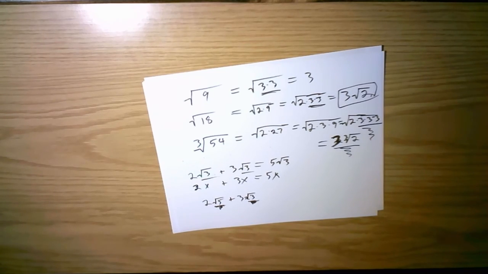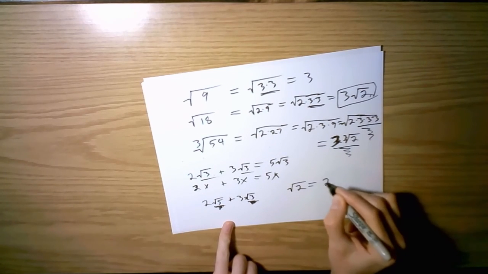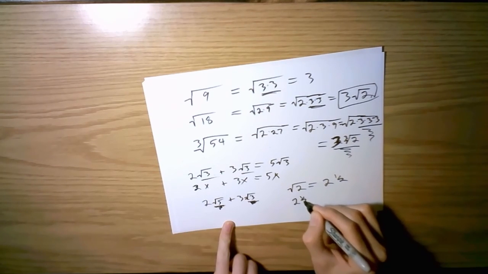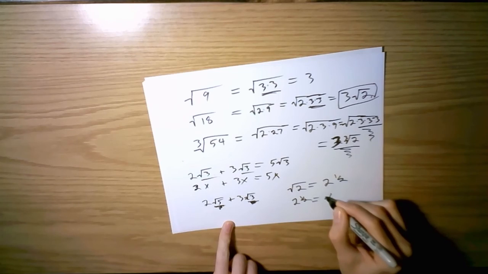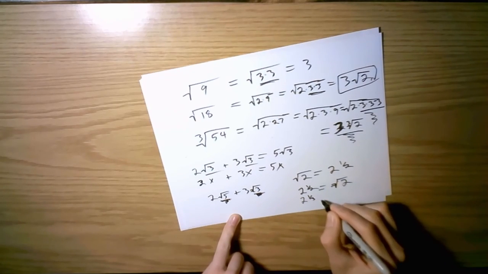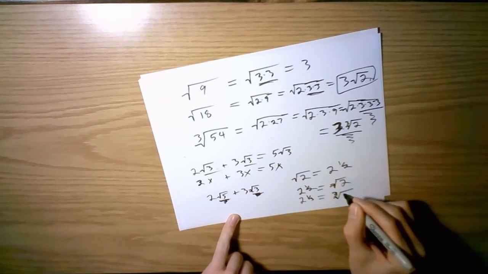Another thing, you can also rewrite the square root of 2 as 2 to the 1 half. 2 to the 1 half equals the square root of 2. 2 to the 1/3 equals the cube root of 2.